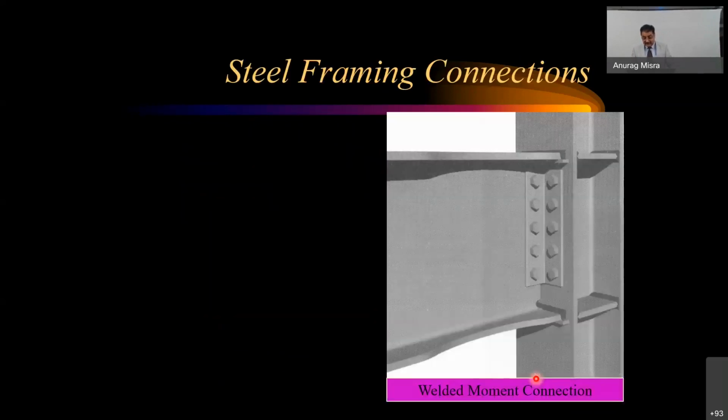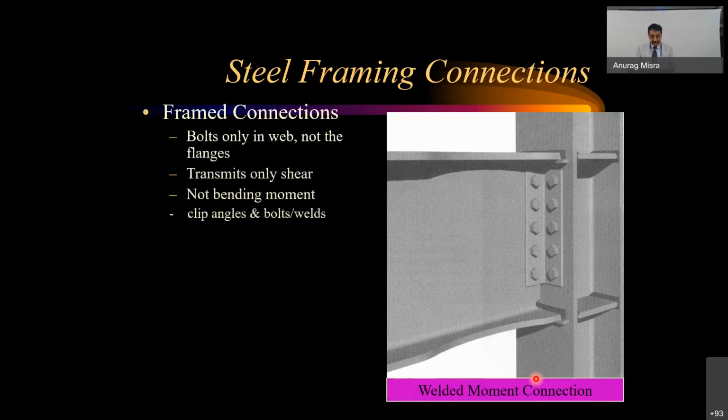Light steel framing, as I already told. Now, when you are going for moment connections, so welded or bolted, then we have to create certain cleats here. Some stiffeners also might be required, so that the warping or tearing of the plate is not happening, because these members may be quite thin plates also.